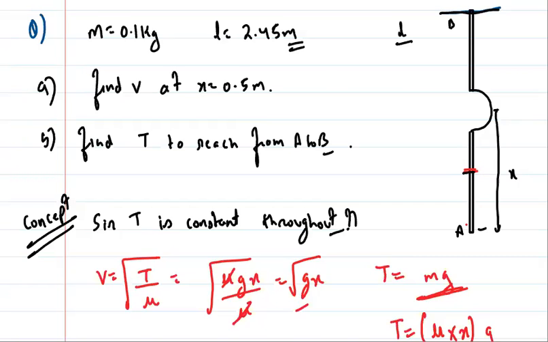The mass is because of this portion of rope only. But at this other point, the mass is because of the whole rope. So as the length increases, mass increases. This mass, m dash, changes, and as m dash changes, tension changes.